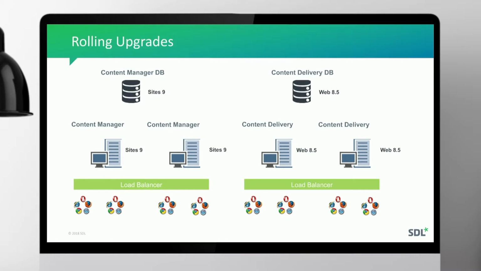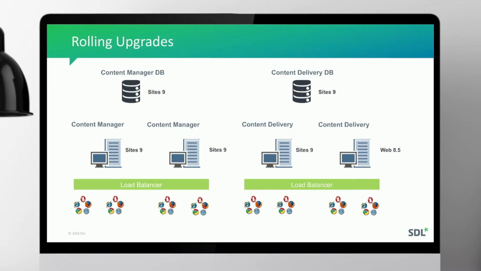Once you have the content manager fully upgraded and you are happy, and we are then using the 8.5 content delivery stack, we can then start to do the same things: upgrade the content delivery database to Sites 9, and then leave the microservices running on 8.5. Then slowly you start replacing those microservices one by one with Sites 9 as well. Here, although we have drawn content delivery as one block, it could be a combination of the microservices.